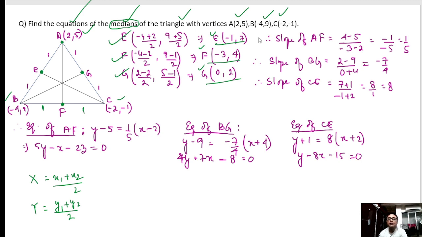So A and F, both the coordinates I know, so I can easily find the slope of AF. Similarly, slope of BG I can find, slope of CE I can find.